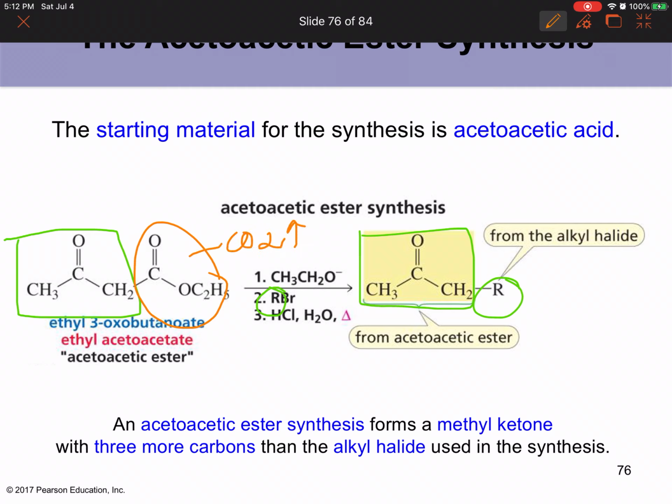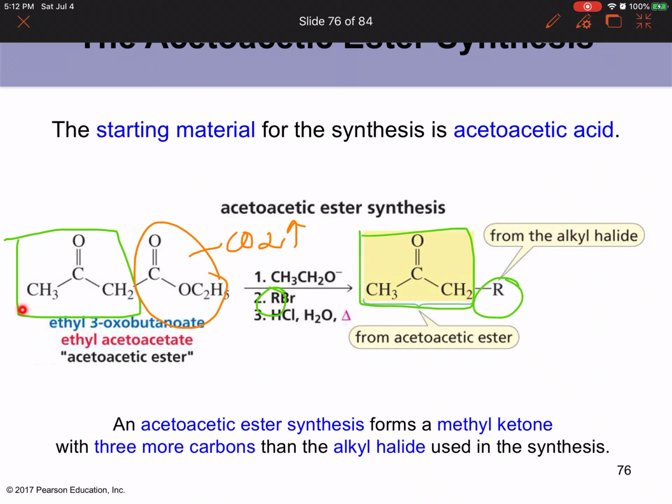Okay, easy, I hope. So, acetoacetic ester synthesis forms a methyl ketone, because in our starting material we have a methyl ketone part. This part has to be there. A methyl ketone with 3 more carbons than the alkyl halide used in the synthesis.